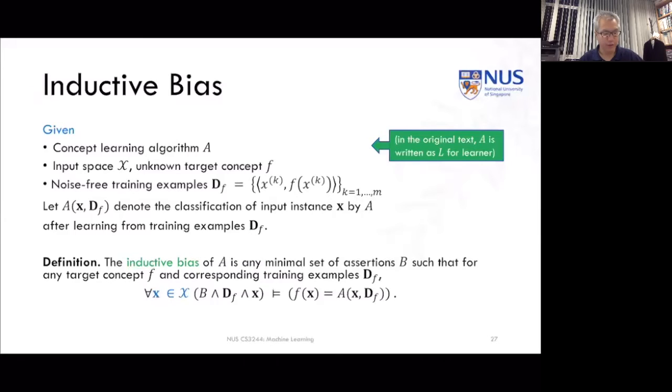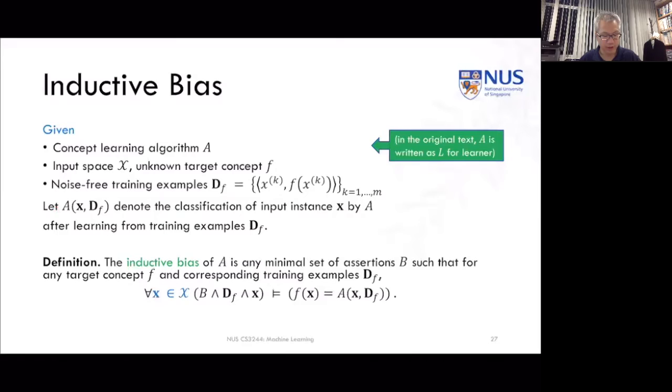If we are given a concept learning algorithm, an input space, and an unknown target concept, and we're given a data set, which is noise-free in this case, of M examples to classify or learn from, then let's say that the algorithm returns a classification after learning all of these, and is able to return some type of classification on any new input instance, meaning new testing instances that we want to infer the values of, right?